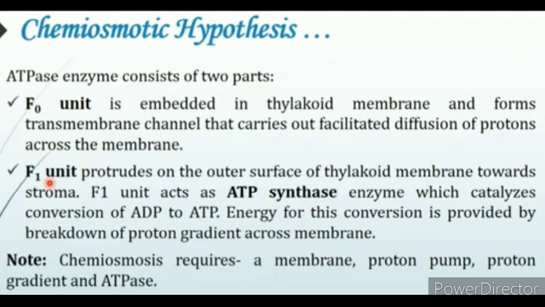The F1 unit protrudes on the outer surface of the thylakoid membrane towards the stroma. The F1 unit acts as ATP synthase enzyme which catalyzes conversion of ADP to ATP. Energy for this conversion is provided by breakdown of the proton gradient across the membrane. Chemiosmosis requires a membrane, proton pump, proton gradient and ATPase.